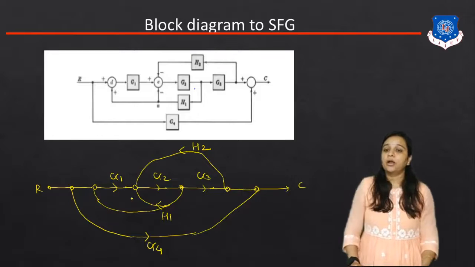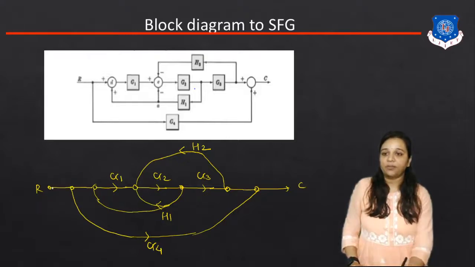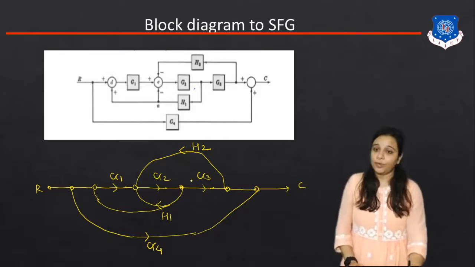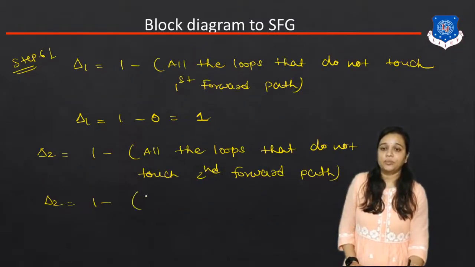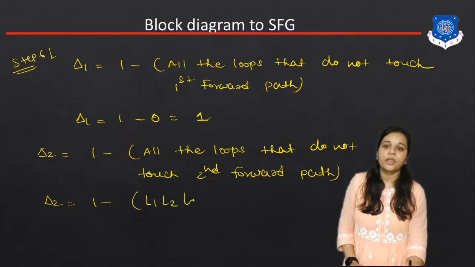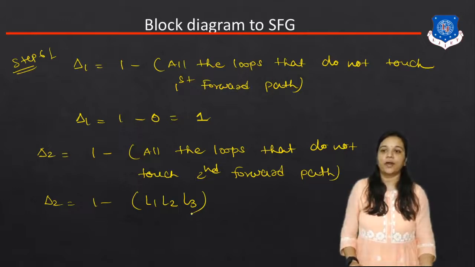Which loops do not touch the second forward path? Here you can see that the second forward path starts from here and ends here. Loop number 1 does not touch the second forward path. Loop number 2 also does not touch it, and loop number 3 also does not touch the second forward path. So all the loops L1, L2 and L3 do not touch the second forward path.